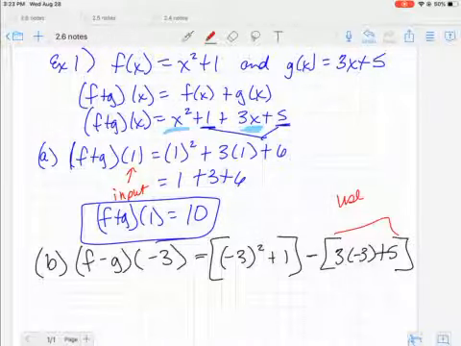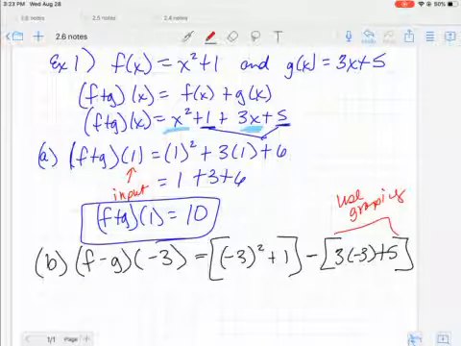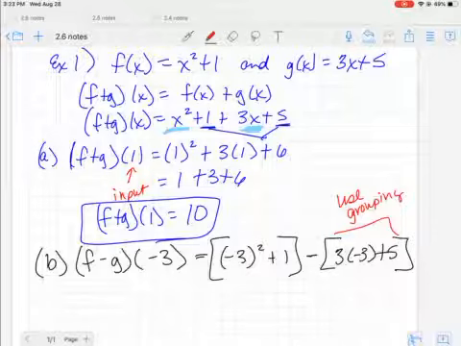When you are subtracting, you need to use your grouping symbols to show that I'm subtracting that whole thing off. So you're subtracting off that whole amount of 3 times x plus 5, and I'm plugging in a negative 3. So just pay attention to that. Your grouping symbols make an impact.